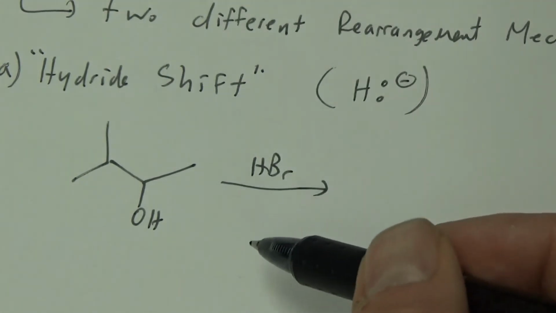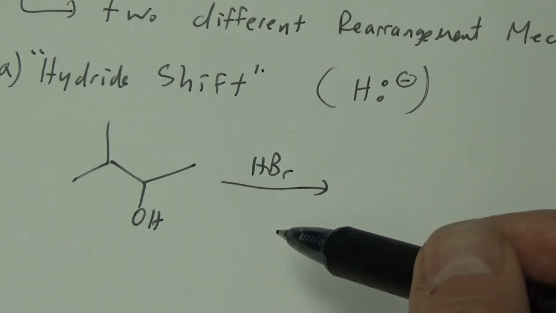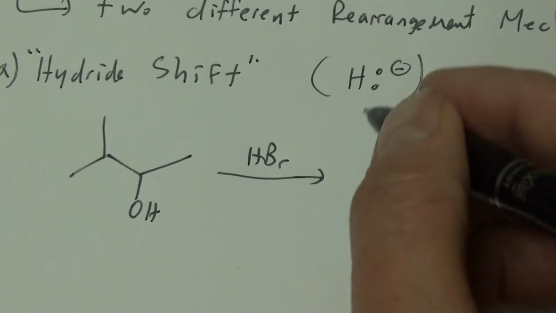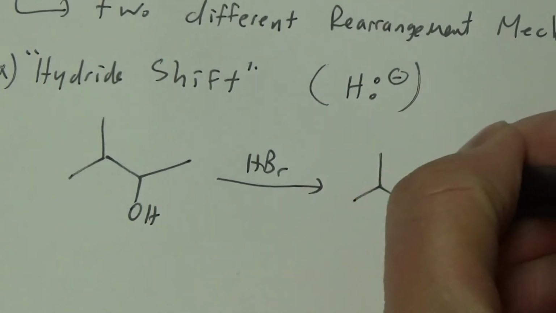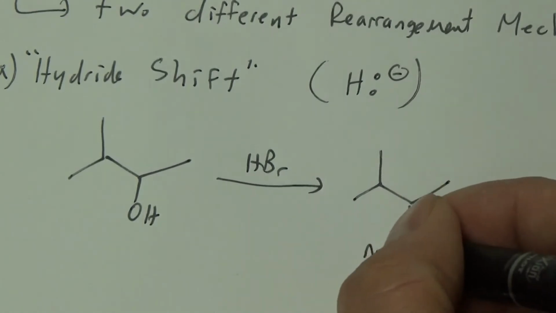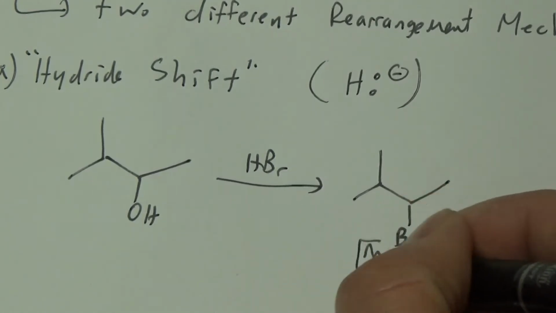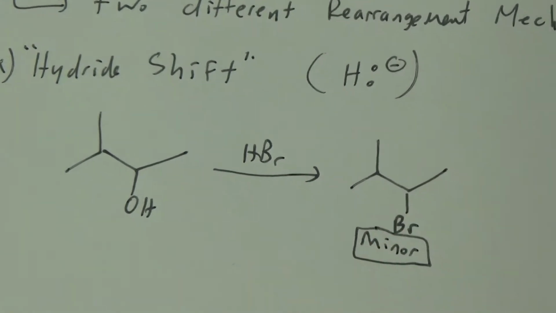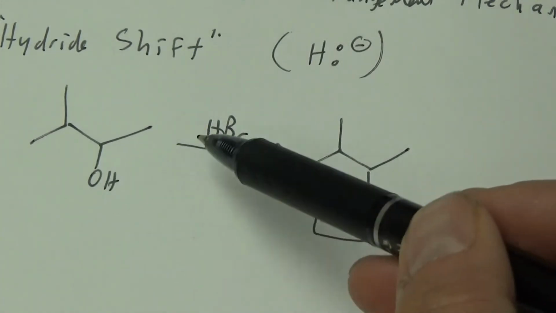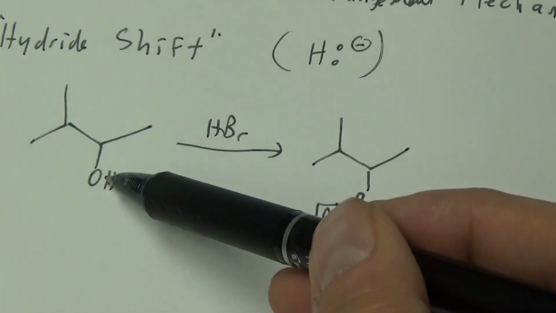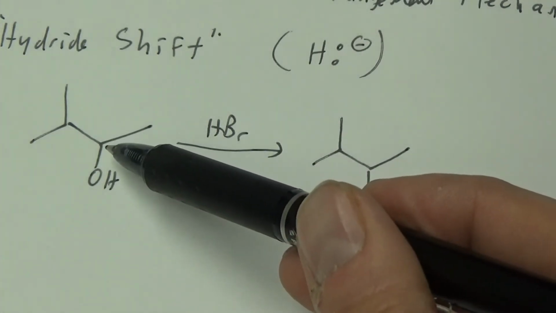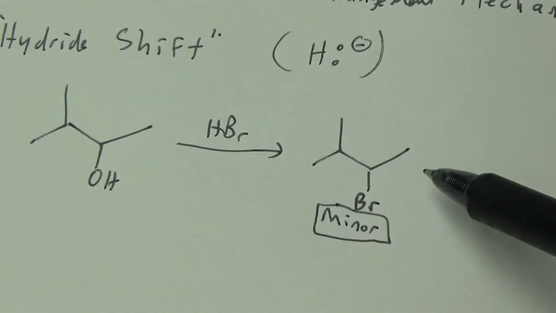It's interesting that when that happens, the product is minor. Is that weird? I think that's weird. You know the mechanism roughly: oxygen gets the proton, becomes a good leaving group, falls off, leaving a plus charge, a carbocation, and then Br minus attacks, but it's minor.